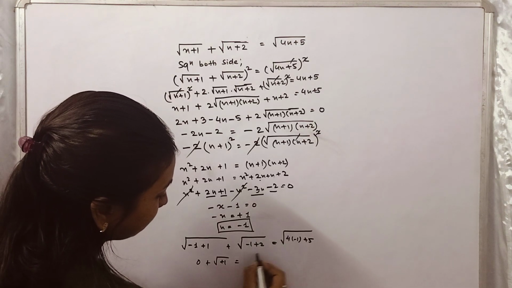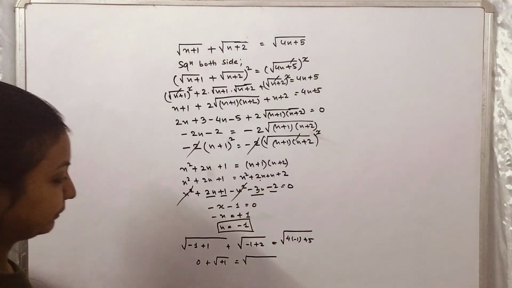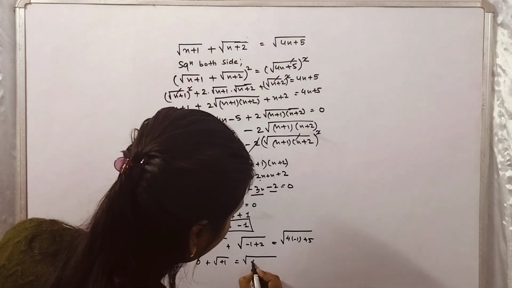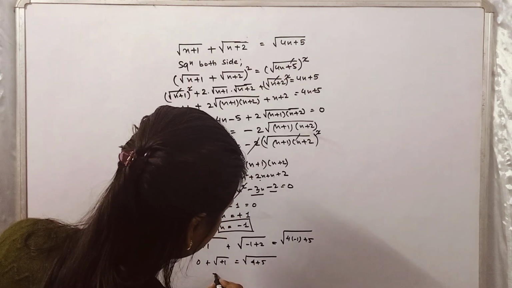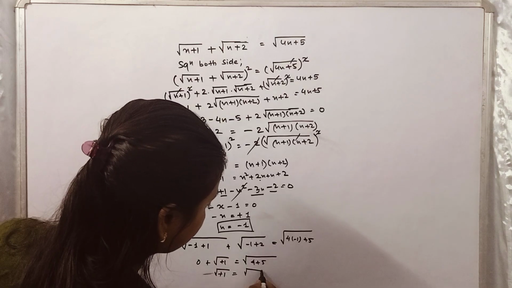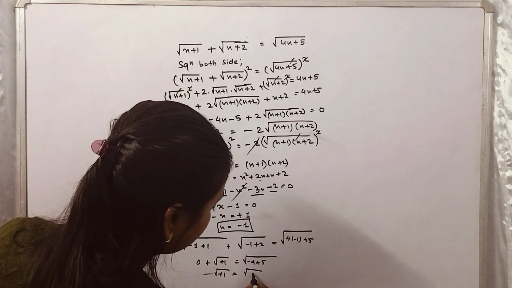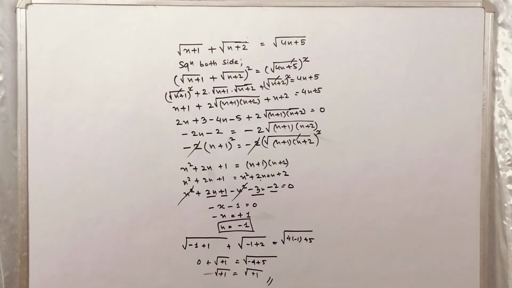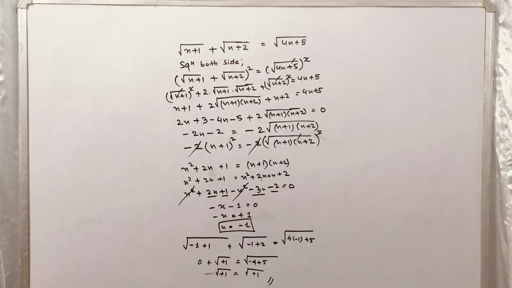So here this is 4 minus 4 plus 5, so here we have root under 1 equal to root under 1. See, here we have proof that the value x equal to minus 1 is true.